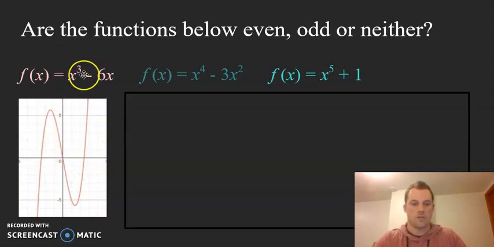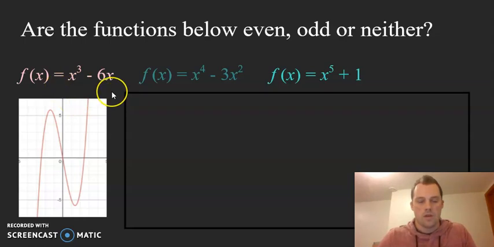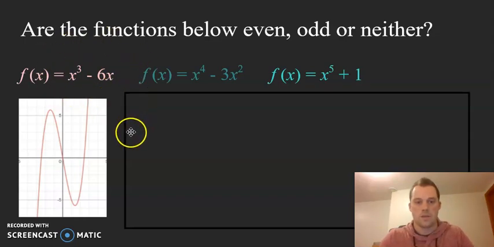So this is still going to give us an odd function, not just an odd degree polynomial. Now, if this said minus 6, not minus 6x, it's going to take our cubic function and shift it down 6, and it won't be through the origin anymore, and it will no longer be an odd function. But in this case, it is still odd.